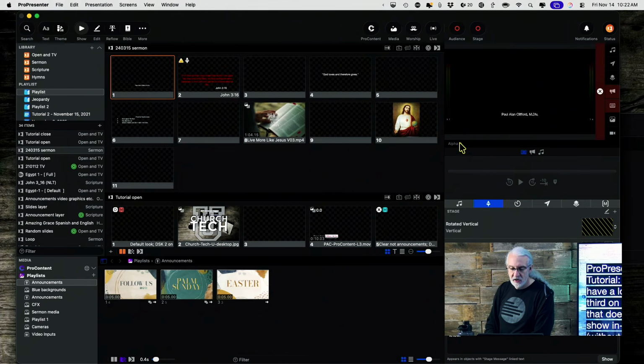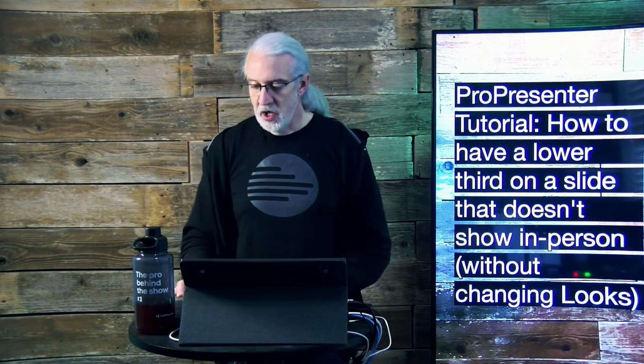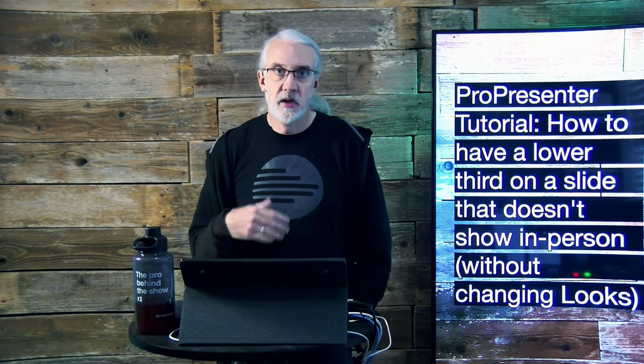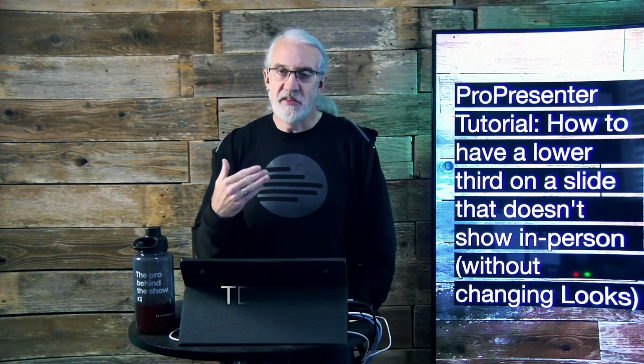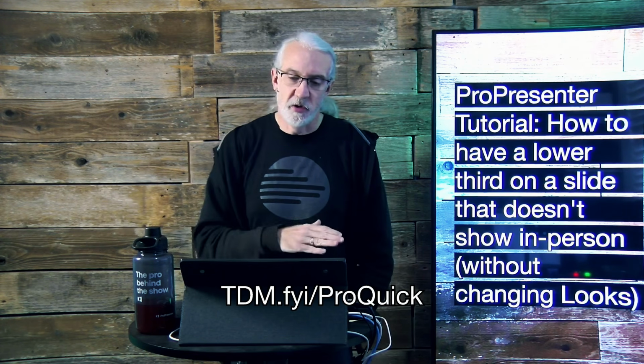But going back to my in-person congregation, they don't. And then when we go looking through other stuff, it's exactly how it looks here. So that is how you can have a lower third going to one screen without going to another.